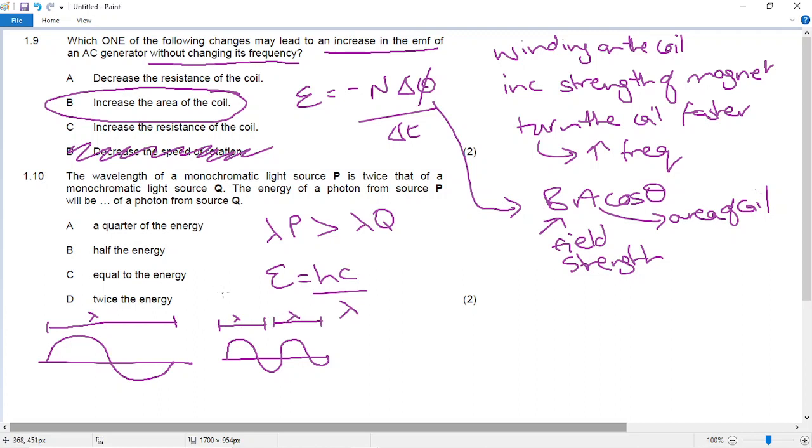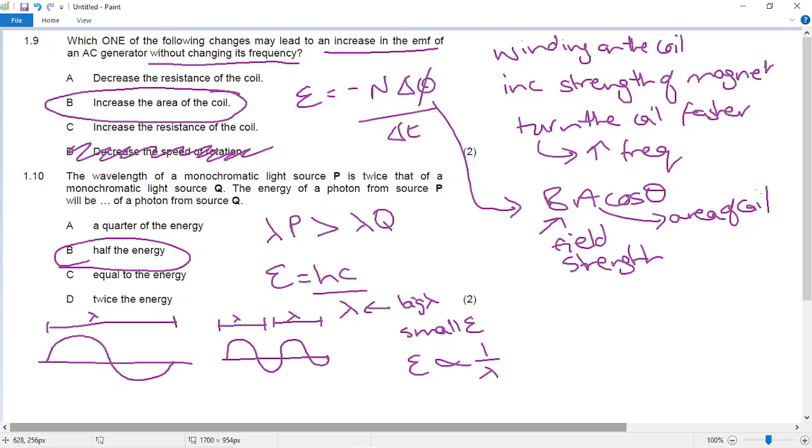So if you've got a long wavelength, look, it's on the bottom here. If you have a big lambda, you have a small energy, because E is inversely proportional to wavelength. So what will happen to the energy? It will be half the energy because it's got a long wavelength. So E equals hc over lambda.